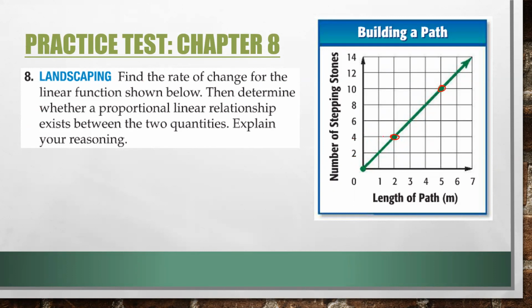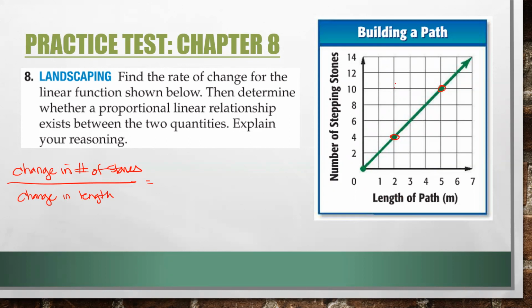Okay, so I want the change in the number of stones over the change in the length of the path, right? So change in the length. Okay, so from this point to this point, from 4, these are increments of 2, not 1.